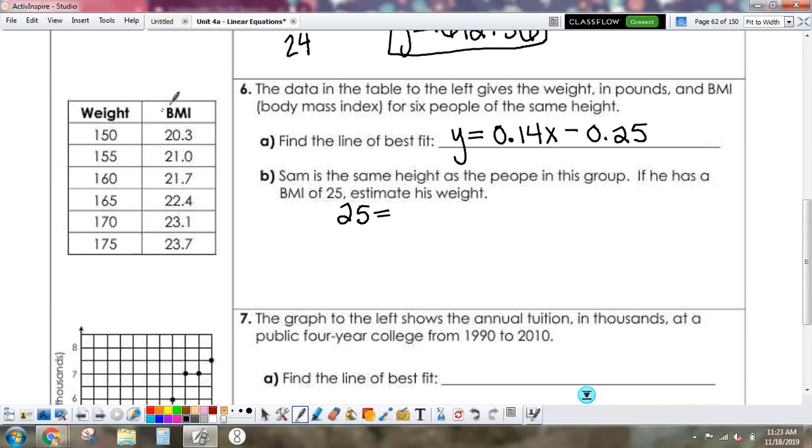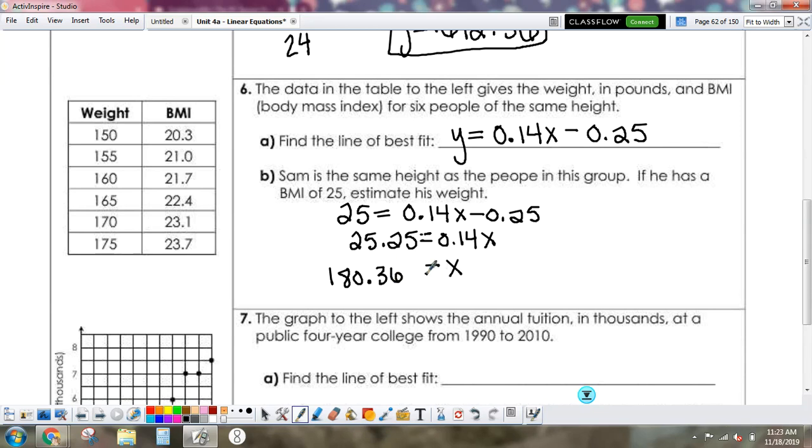BMI is your y, so I'm putting 25 in here. If you solved this correctly, you should have gotten 180.36 pounds.